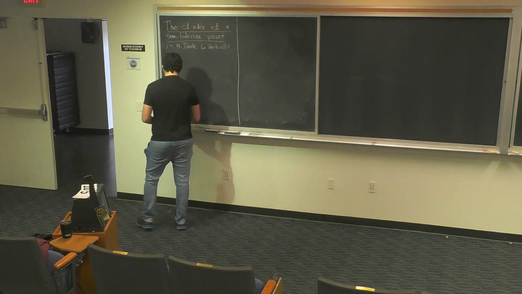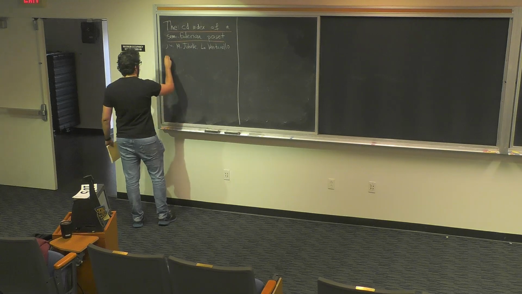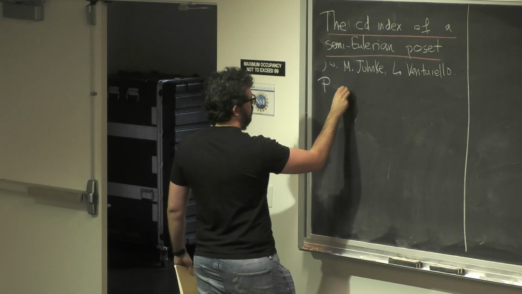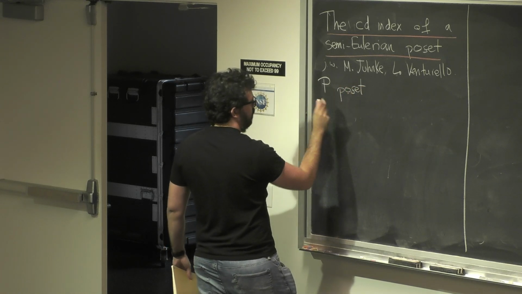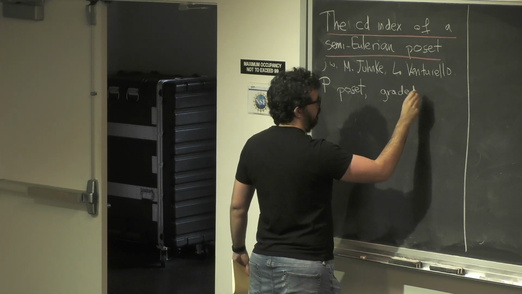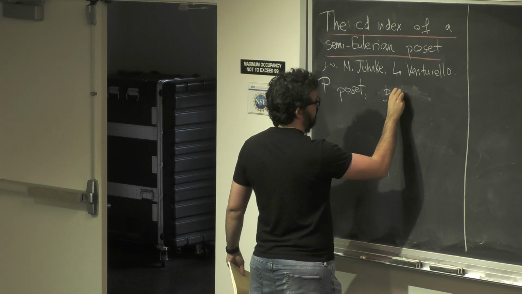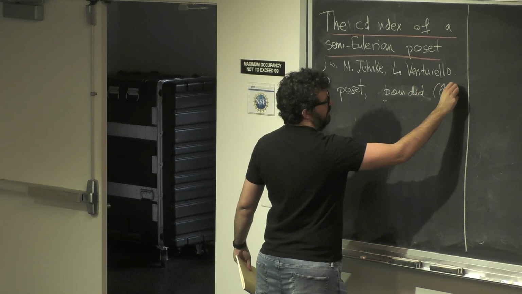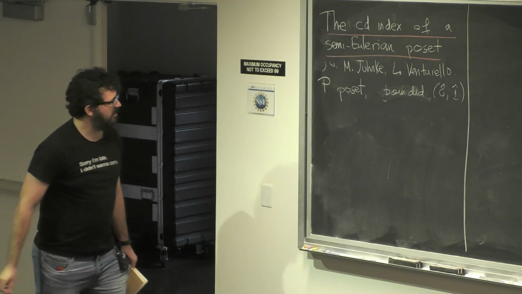So where does this story begin? I'm going to talk about posets. So P is going to be a poset. I'm always going to assume that it is graded. Bounded. It means I have a 0, which is a minimum, and a maximum, which I'm going to call 1.